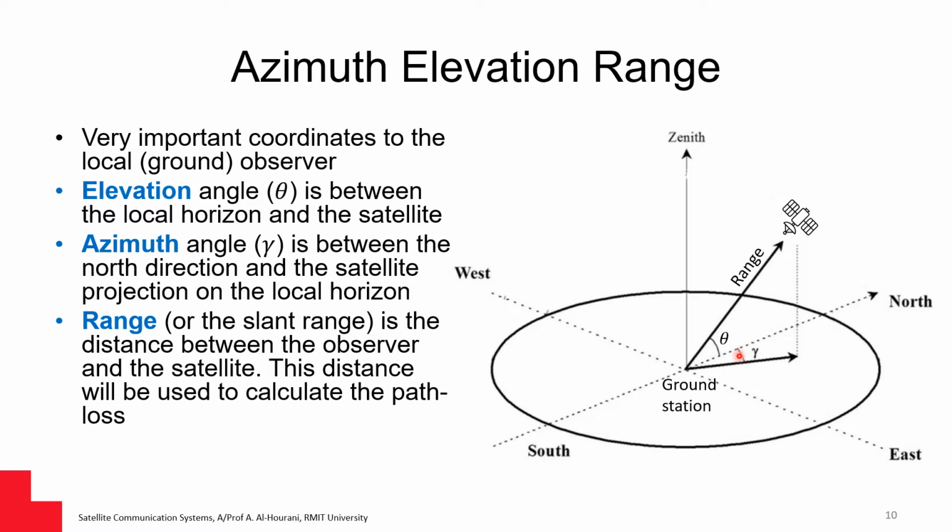When you rotate clockwise with respect to the north, this is called the azimuth, and then the range is the distance between you as an observer and the satellite. These coordinates are quite important for satellite communication. And as we will see also in the lab, we can convert between all the previous coordinate systems using built-in functions, or you can build your own functions to do this conversion.